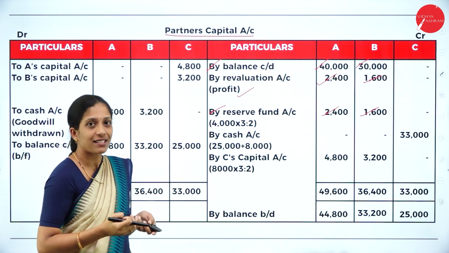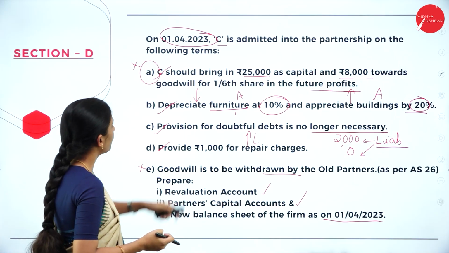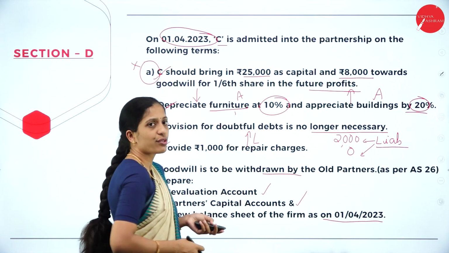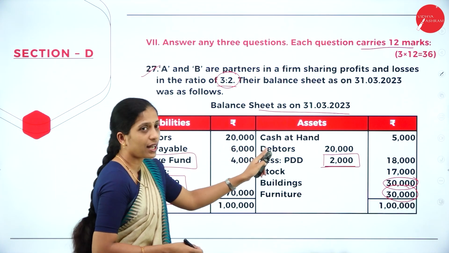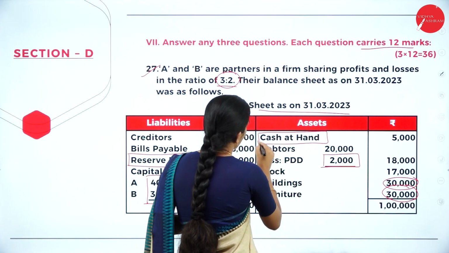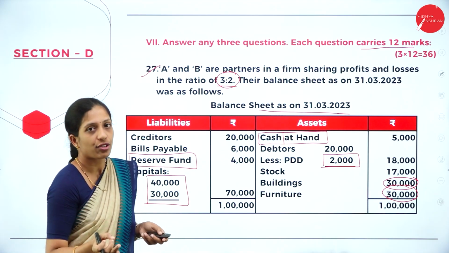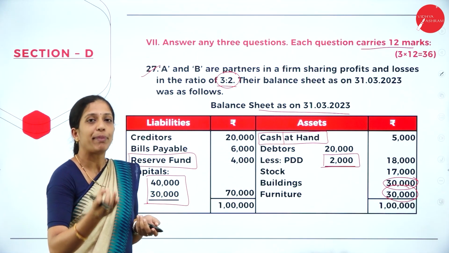Now new partner brings capital and goodwill which will be given in the first adjustment itself. That is C will bring 25,000 as capital and 8,000 towards goodwill. So how do you write now? Now if you see your balance sheet, we have cash in hand. So what you will do? You will write by cash account. Suppose if it is cash at bank, then you will write by bank account.